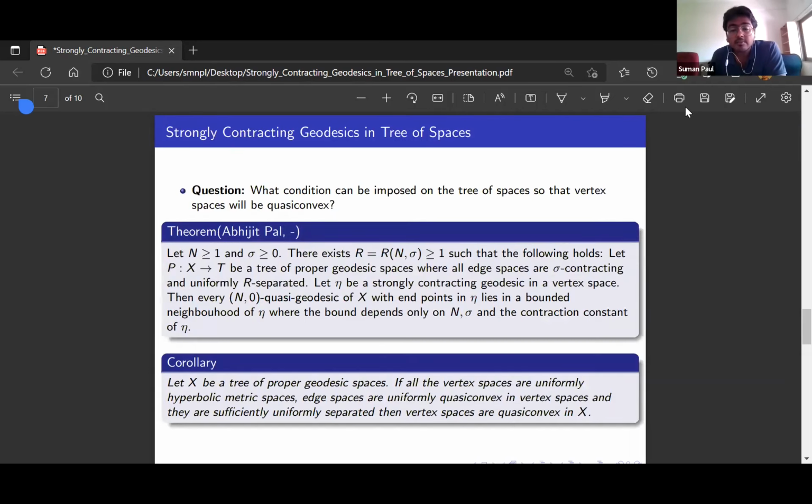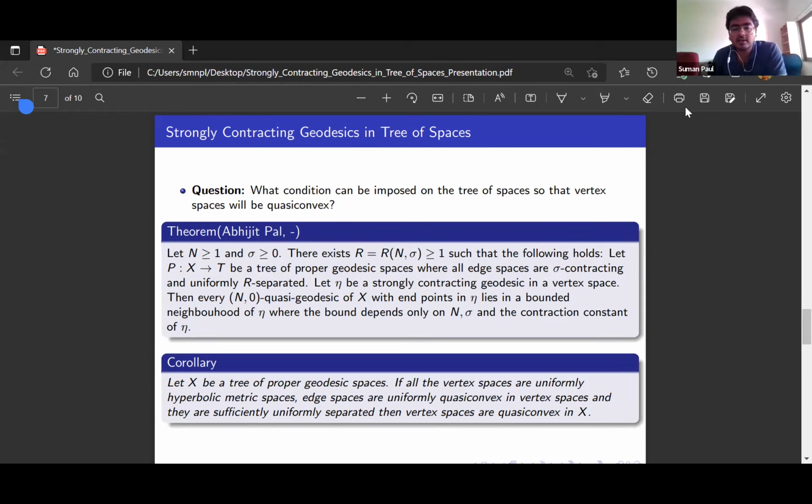Now, if I take a general metric space tree of spaces, then what about the vertex space? What conditions should we impose on the tree of spaces so that the vertex space will be quasi-convex? Certainly it cannot be done in generality.